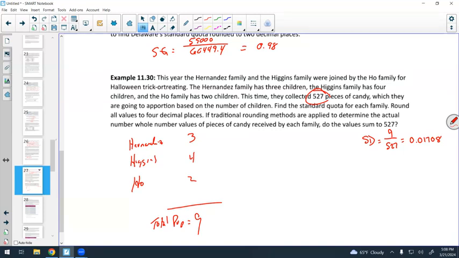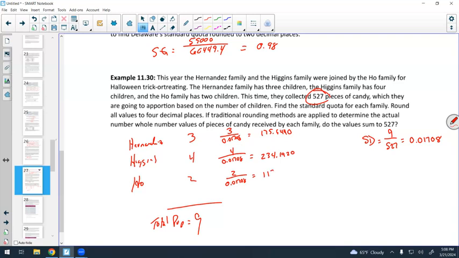So what we do now is we take 3, the population, divided by our standard divisor, and I get 175.6440. Here I have 4 divided by our standard divisor. I get 234.1920. And here I have 2 divided by our standard divisor.